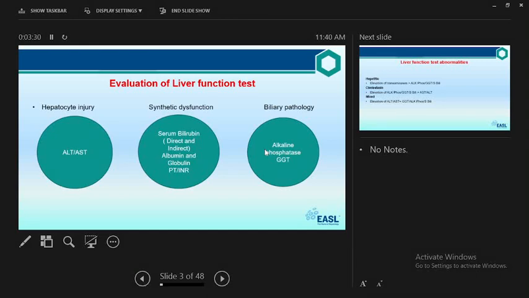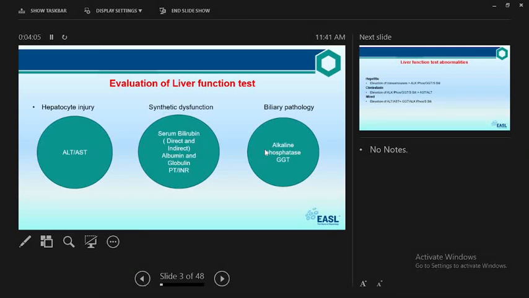When you evaluate someone's liver function test, you should have an idea what you are going to look for. So first of all, you have to divide the liver function tests into certain categories. Is it related to hepatocyte injury, to synthetic dysfunction of the liver, or to abnormal biliary drainage, either mechanical or immune damage to the biliary system?